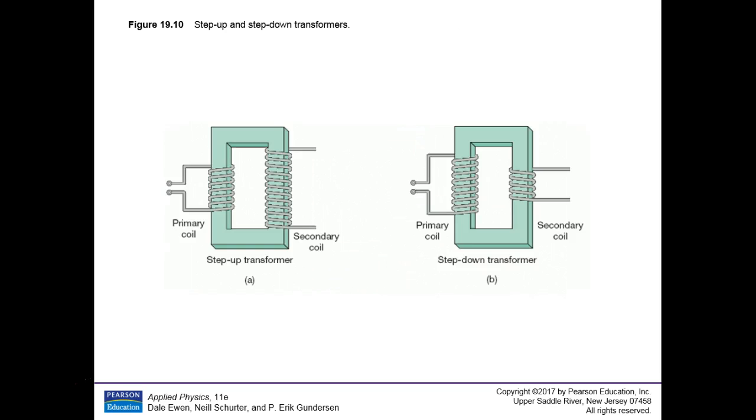This, of course, is a step-up transformer because you have fewer coils here, so it increases the voltage coming out of the secondary coil because there's more turns there. This is a step-down transformer because there's fewer coils on the secondary side than there are on the primary.